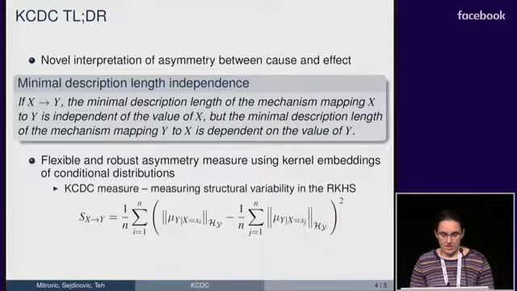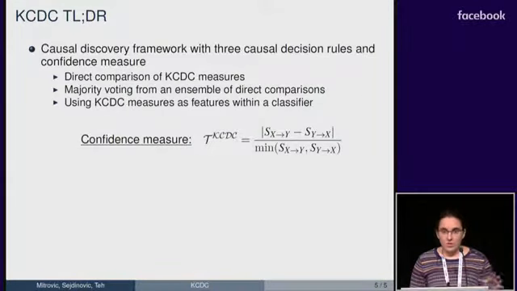In particular, you see here the formula of the KCDC measure, measuring structural variability in the reproducing kernel Hilbert space using norms of these conditional mean embeddings. Taking all of this together, we propose a causal discovery framework where we have 3 decision rules and a confidence measure. You can either directly compare these KCDC measures to come to your answer.